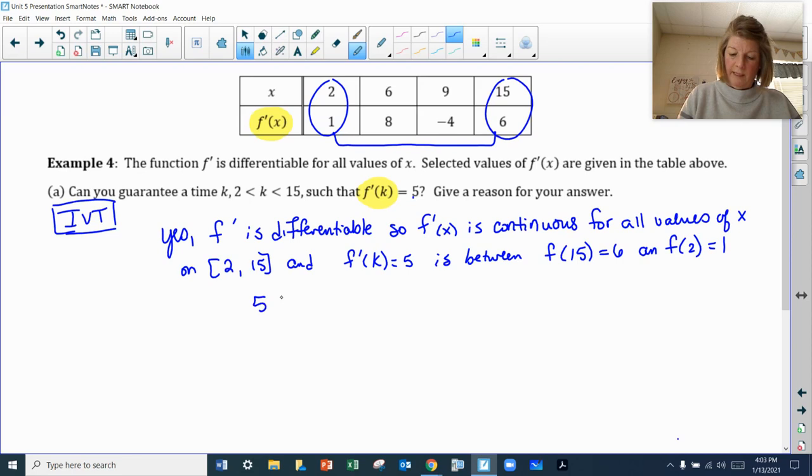If you want to make it really obvious, you could go 1 to 5 or 1 to 6, right?